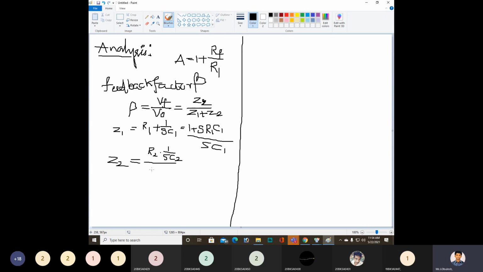Like that you need to apply the formula: 1 plus SR2 C2 by SC2. This SC2 is going to cancel. Then you will get the simplified expression R2 by 1 plus SR2 C2.